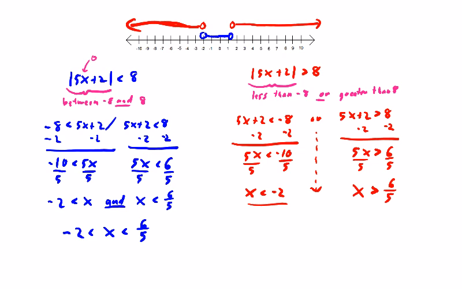Real quickly, numbers like 0 should make this false. If you substitute 0 in, you will in fact get that 2 is not greater than 8, so you get a false statement. On the other hand, numbers like negative 9 or 9 should work, and when you put those in, you will see that you get absolute values greater than 8.